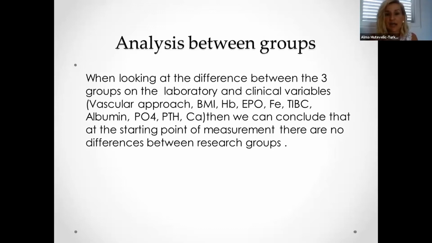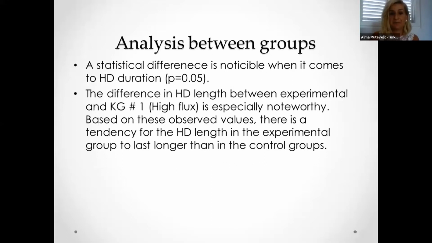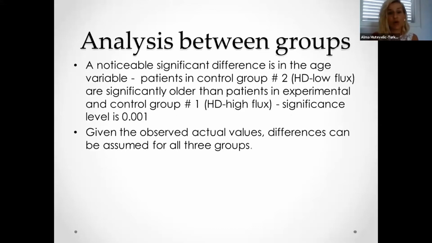When we look at the difference between our experimental and control groups, we can say that at the starting point of our measurements, there were no statistically significant differences between research groups when it comes to laboratory data. But when it comes to HD duration and the age of patients, we can see that the patients who received hemoperfusion were longer on hemodialysis than the other two control groups, and they were also younger than the other two control groups.